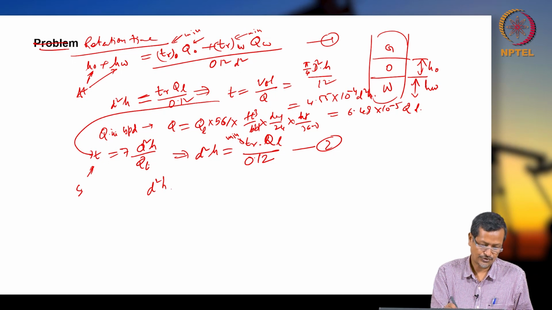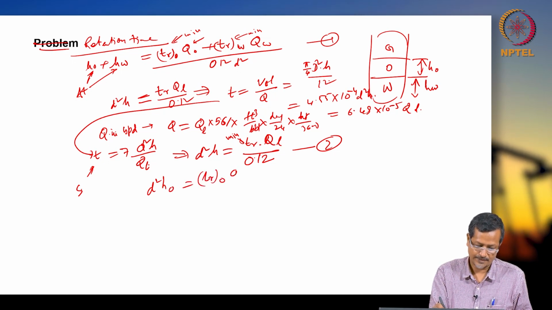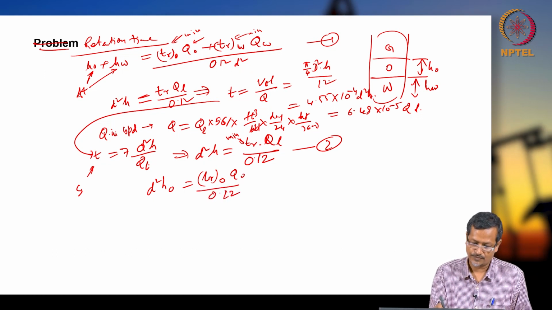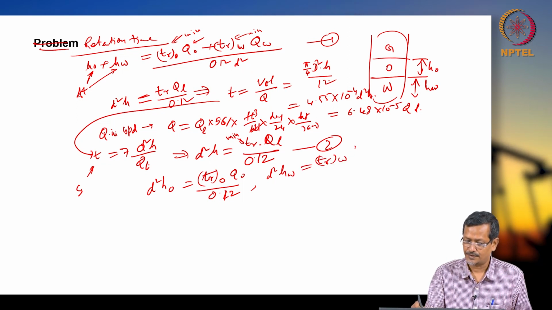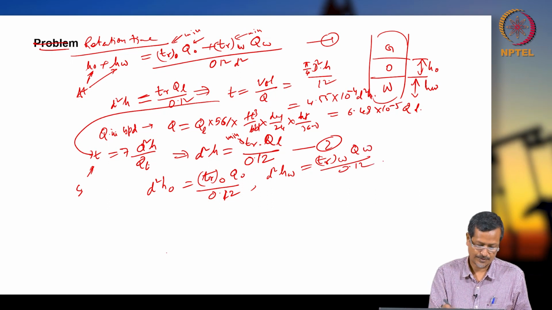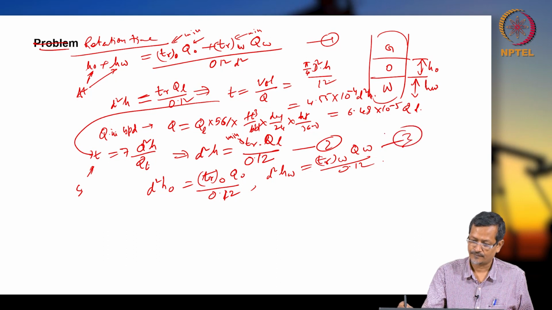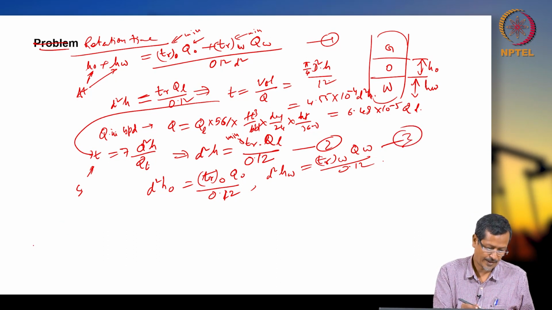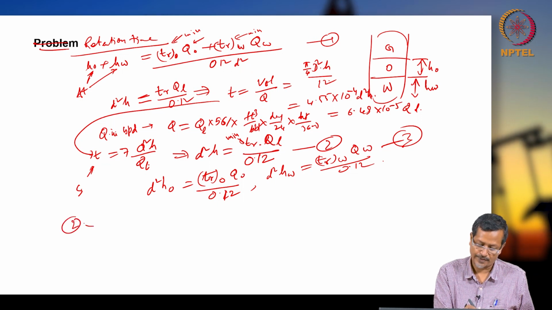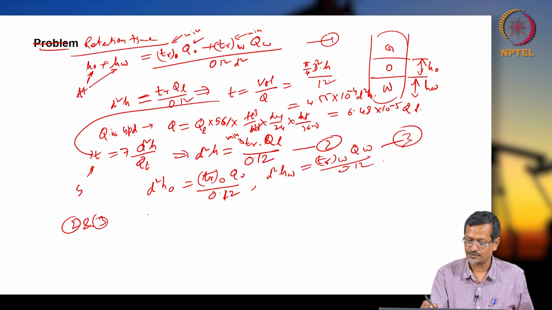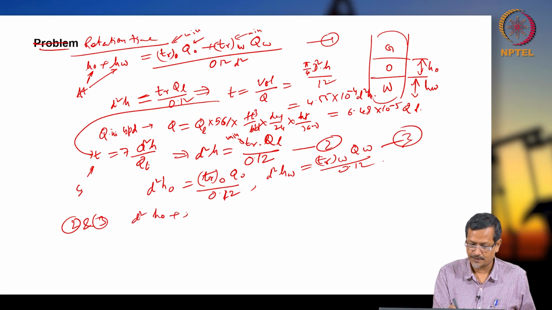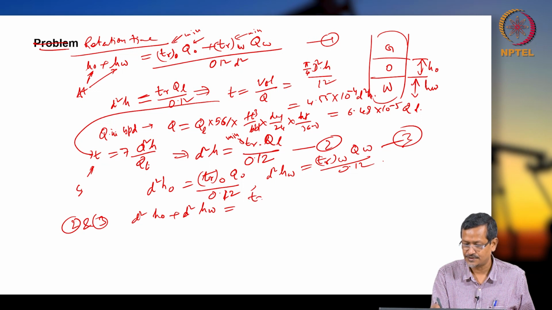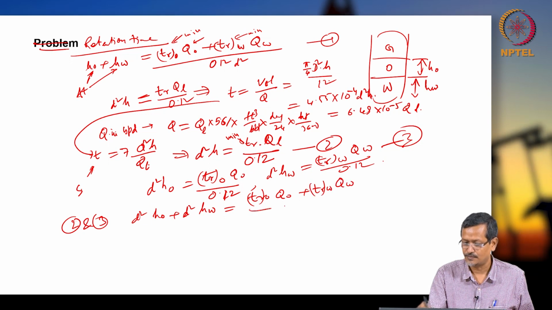So D square HO equals TRO QO over 0.12, and D square HW equals TRW QW over 0.12. Okay, if we add these two, equations 2 and 3, we get D square HO plus D square HW equals TRO QO plus TRW QW divided by 0.12.